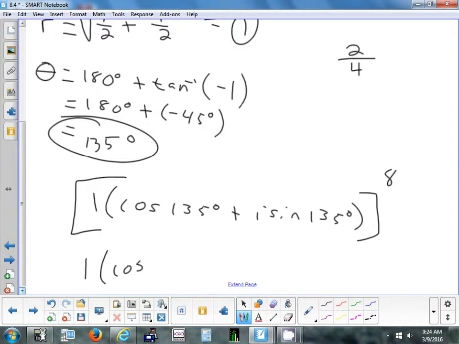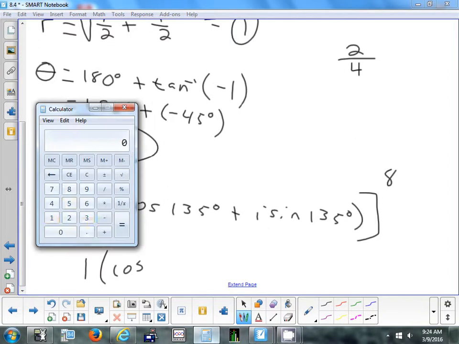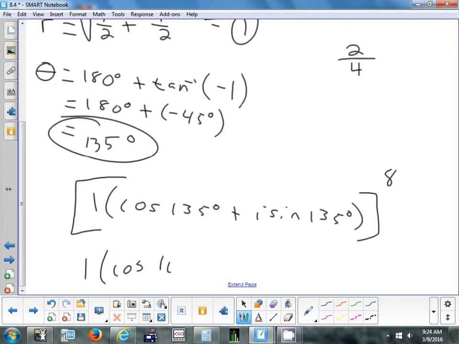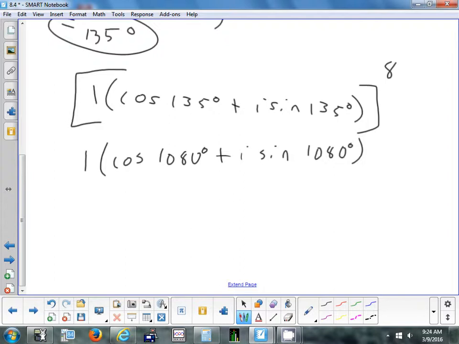And what do I do with 135 and 8 to get my new angle? Yeah, just multiply 135 times 8. Okay, that's 1080. Now, earlier, when we were going over homework, I mentioned sometimes you could get an angle that's really big, and there's a way to make it smaller.